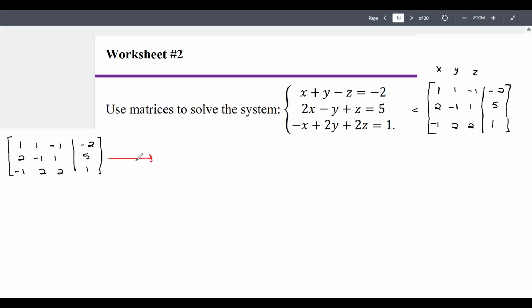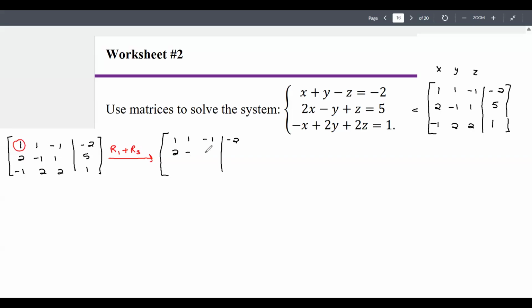We might not all have done this the same way. But first thing I noticed is that I got a 1 here. I'm good. This is a -1, so the first thing that would be really easy to do would be to take R1 and add it to R3. I don't have to do any multiplication there. So we're going to have 1, 1, -1, -2.